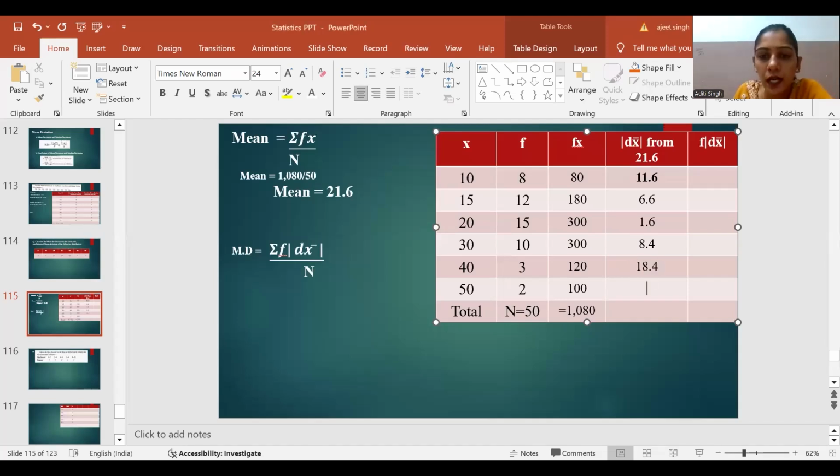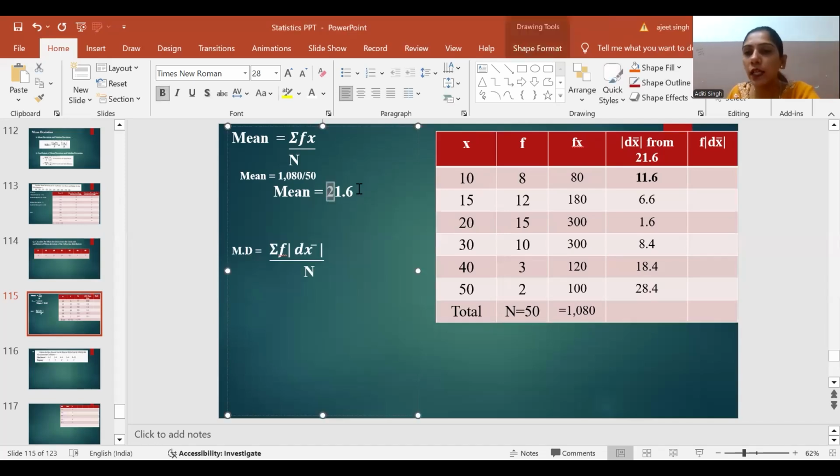Okay. And in last, minus 21.6, which is 28.4. So this is how we calculate the value of dx bar from mean.